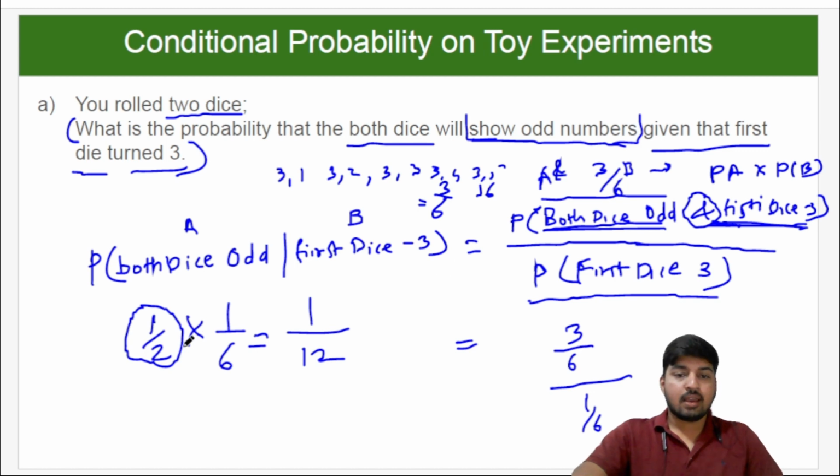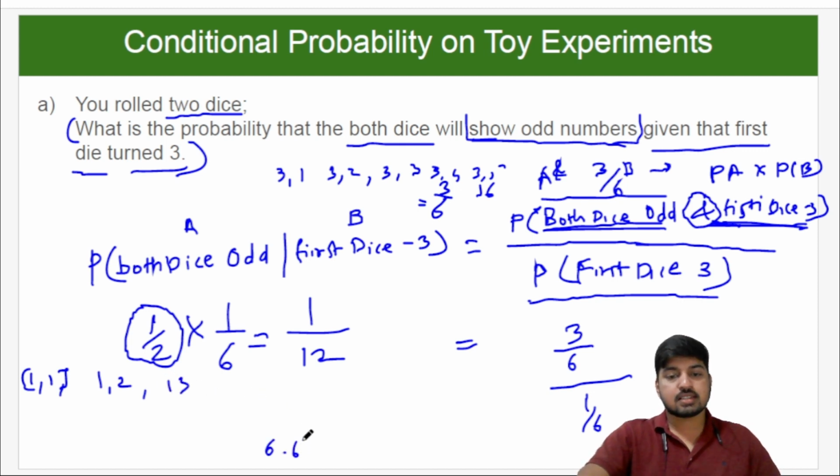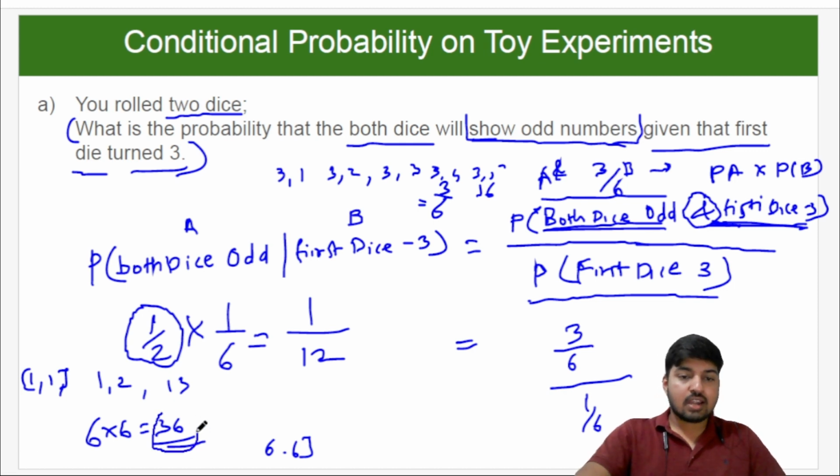Because, I will just clarify for you, when we do the sample space, what is our sample space for two dice? 1 comma 1, 1 comma 2, 1 comma 3, like that up to 6 comma 6. How many possible outcomes are there? 6 into 6 is equal to 36. So what is the probability that both are odd and first is 3?